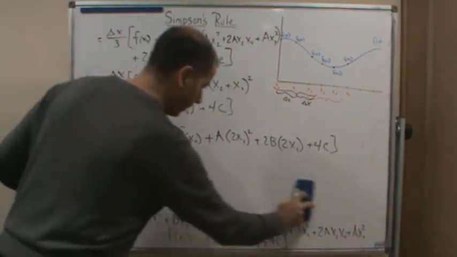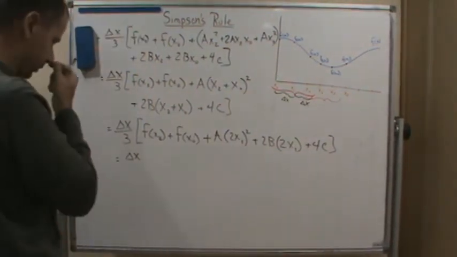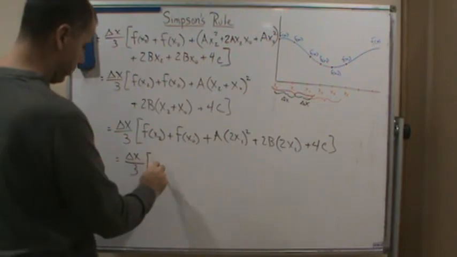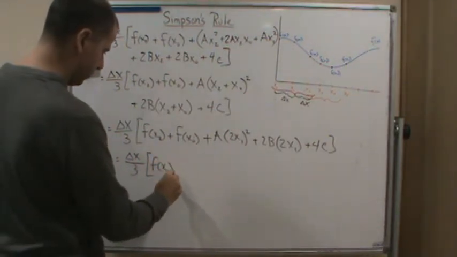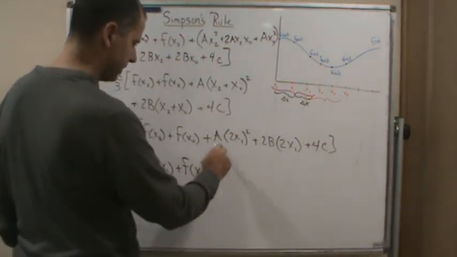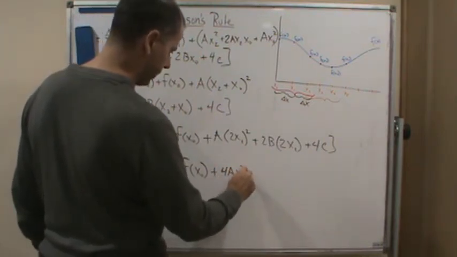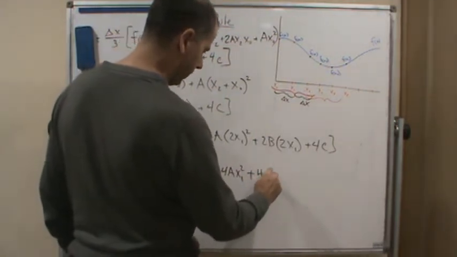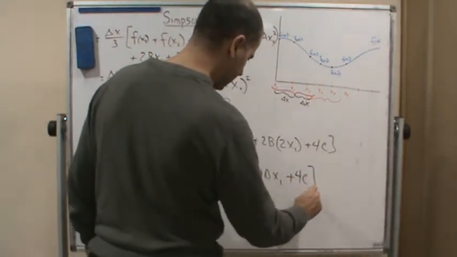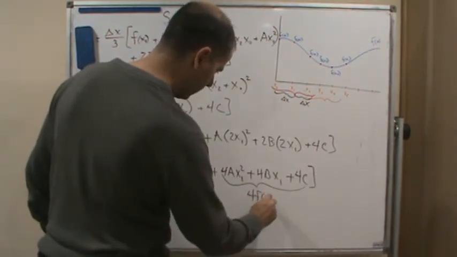Let me erase this. And so we're going to have f of x2 plus f of x0 plus, this is going to become 4a x1 squared plus 4b x1 plus 4c, and this will be 4 times f of x1.